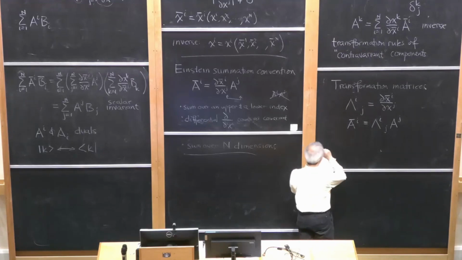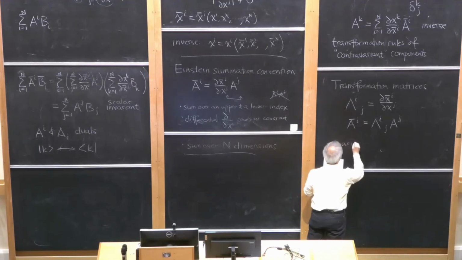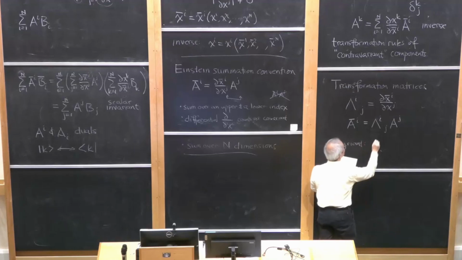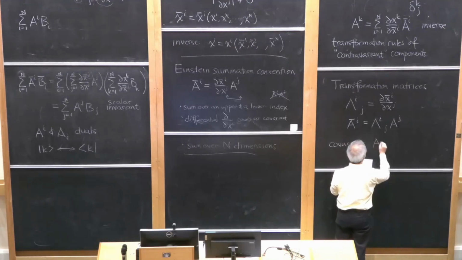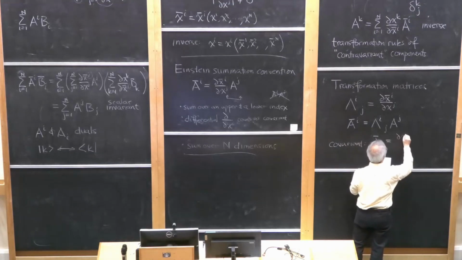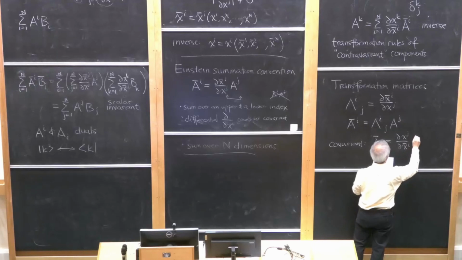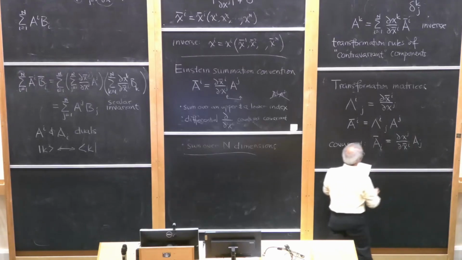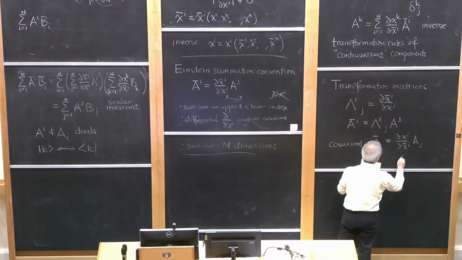Now, what does the covariant one look like? For the covariant version, we want A bar_i equal to dx^j over dx bar^i A_j. This guy we'll write with a lambda tilde.